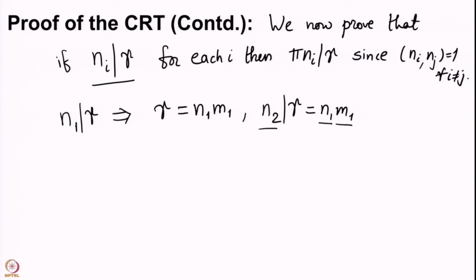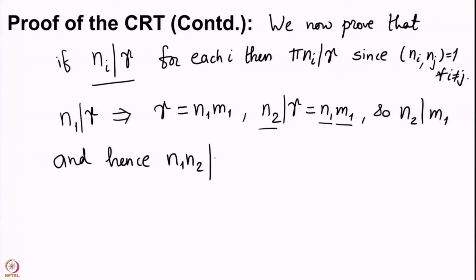So all the prime factors of N2 will divide M1 with the same power. So N2 will divide M1 and hence the product N1 N2 divides gamma, and then by induction the proof follows.